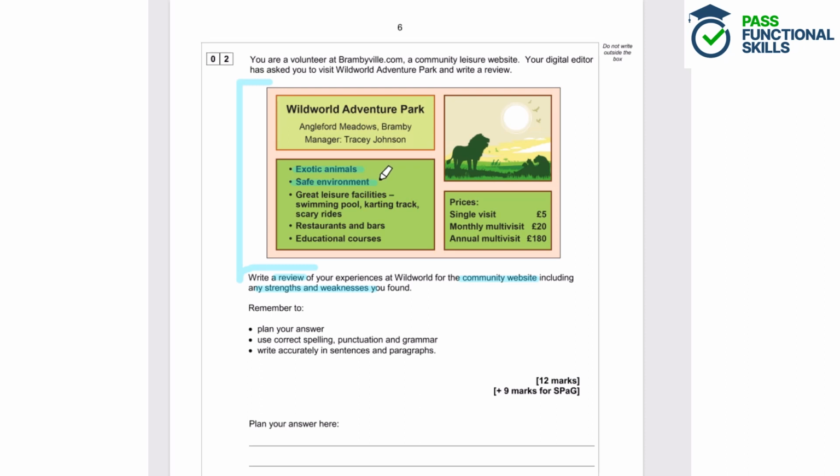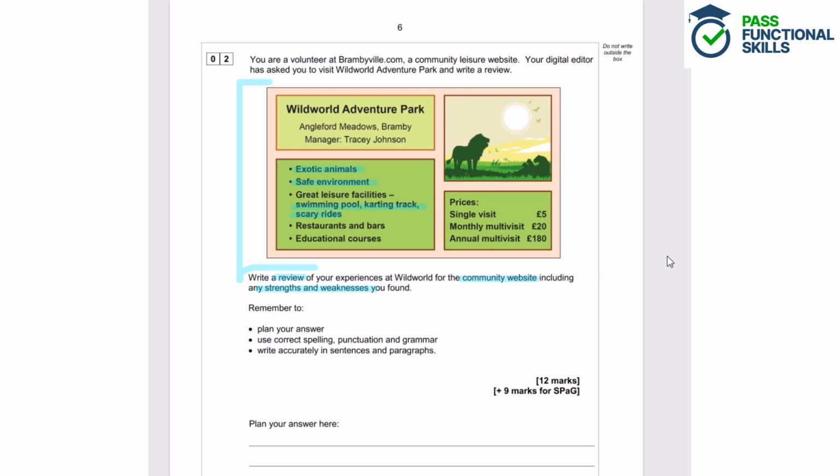Were there any issues? And then we could talk about the facilities as well. So was the swimming pool hygienic? What was the karting track like? Was it fun? And what were the rides like? Did they look appealing or were they boring rides?